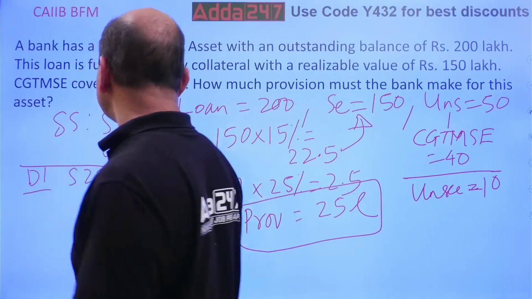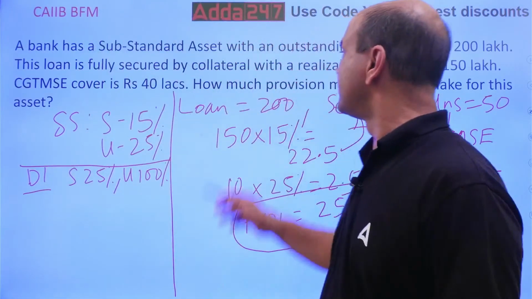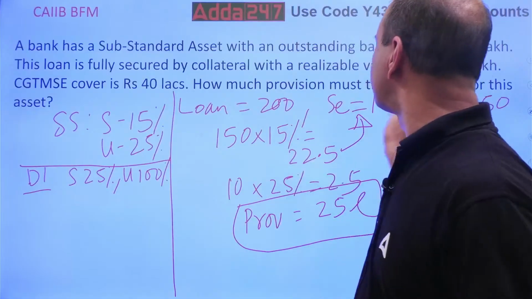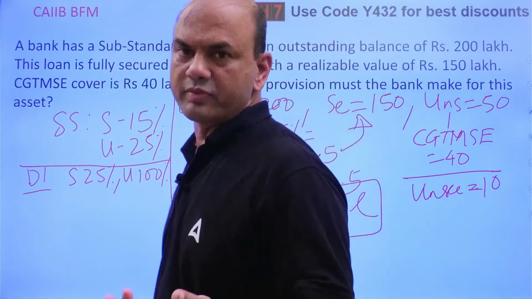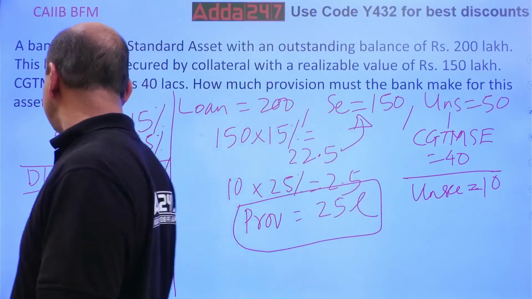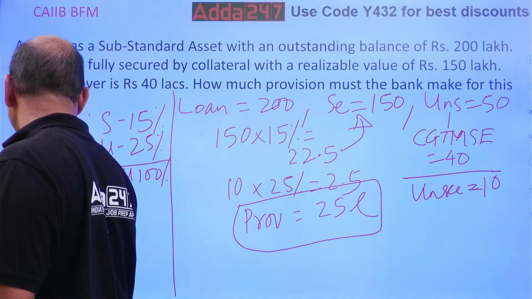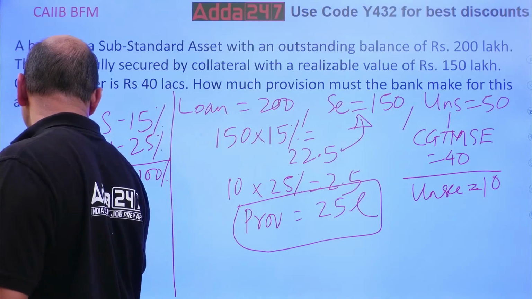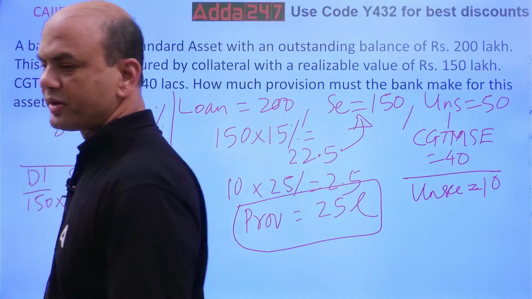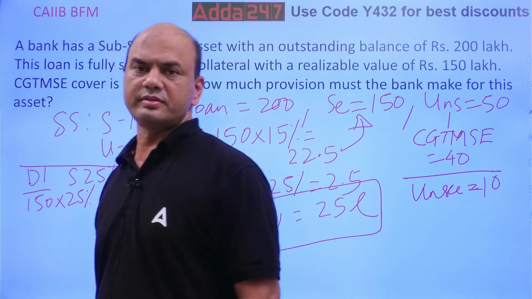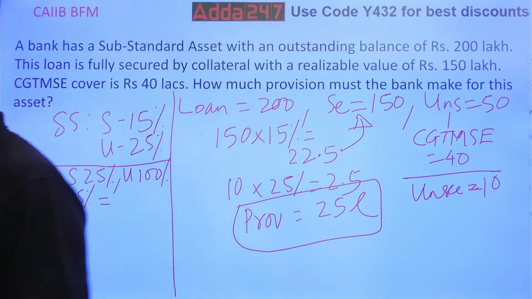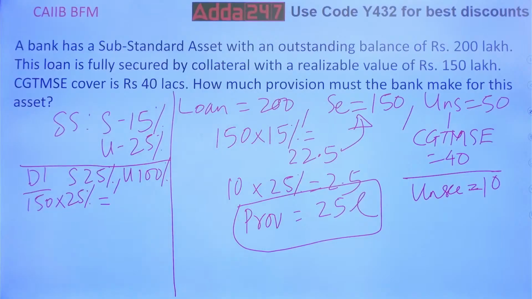So in this case, if this is the loan, then the secured part is 150. So 150 into 25%. What is that? Do it, everyone. It's tough, right? 150 into 25%.